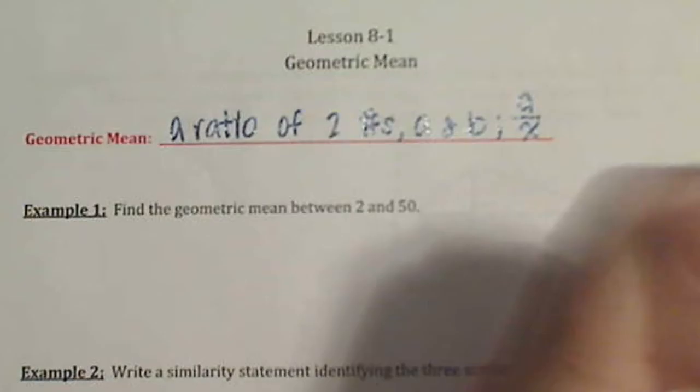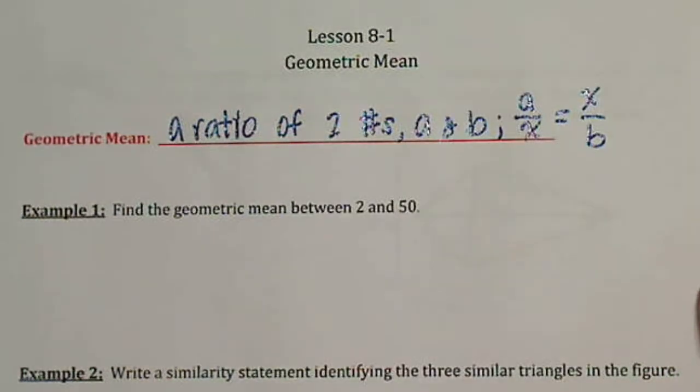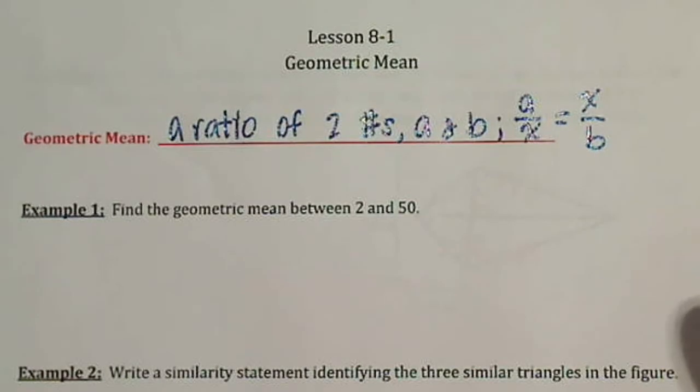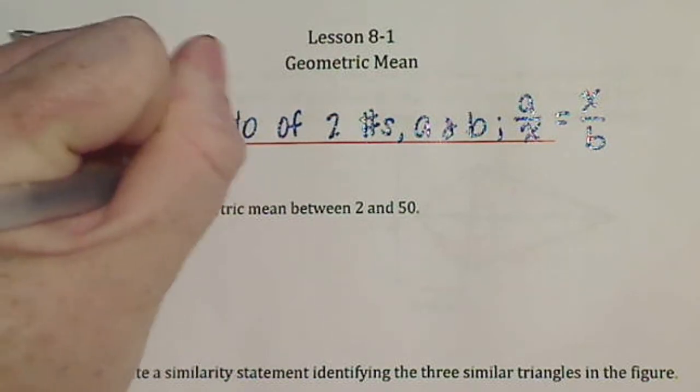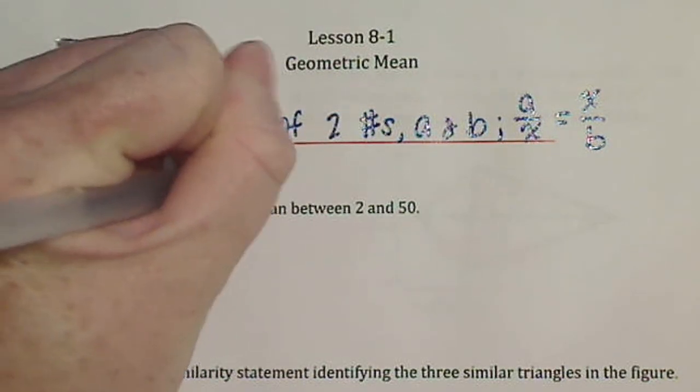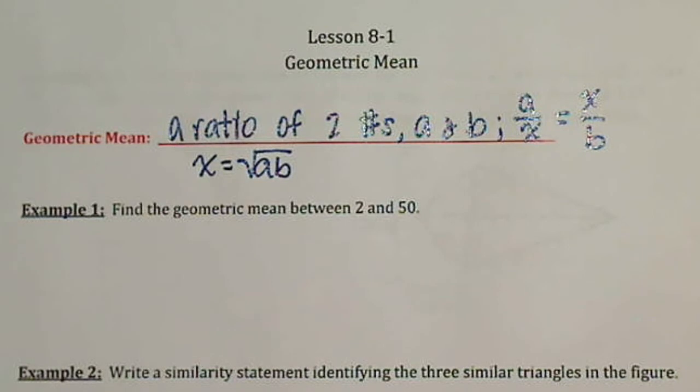A over X equals X over B. You'll notice there's two X's. So when you go to solve it, you're going to have an X squared equation. So X is always going to equal the square root of A times B. So we use this a lot in triangles and finding out side lengths.